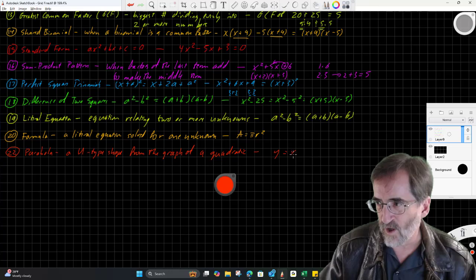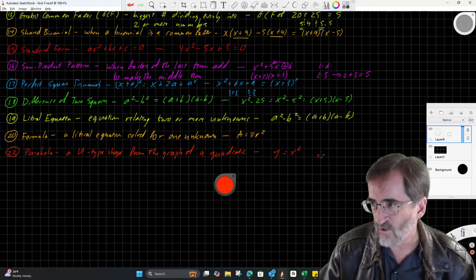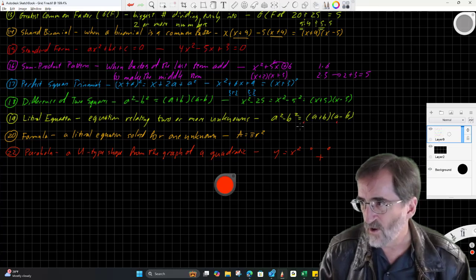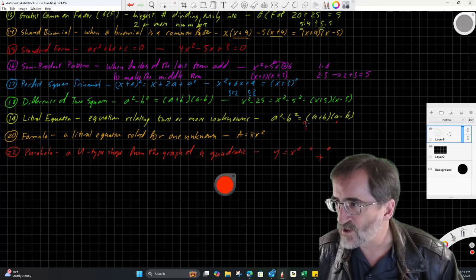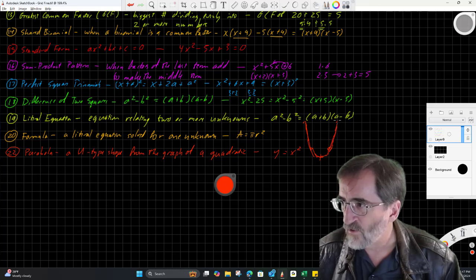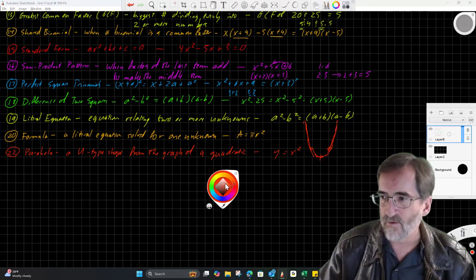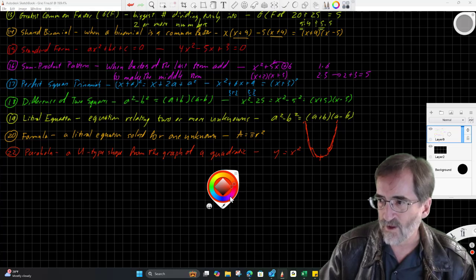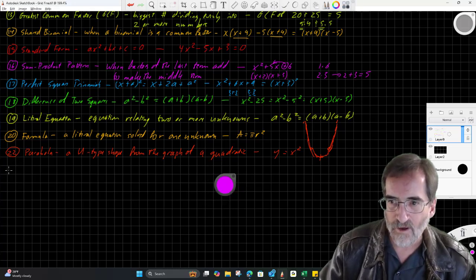Y equals x squared, for example, goes through 0, 0, 1, 1, and 2, 4. It makes this U shape. Like that. Parabola.